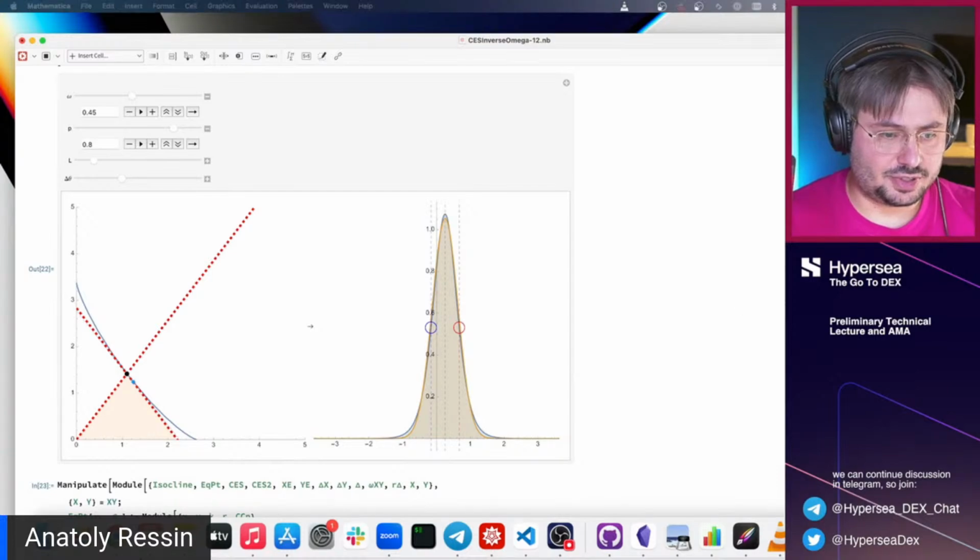There are always positions that are not managed actively, and it means that they are sitting in Uniswap in a non-efficient way.